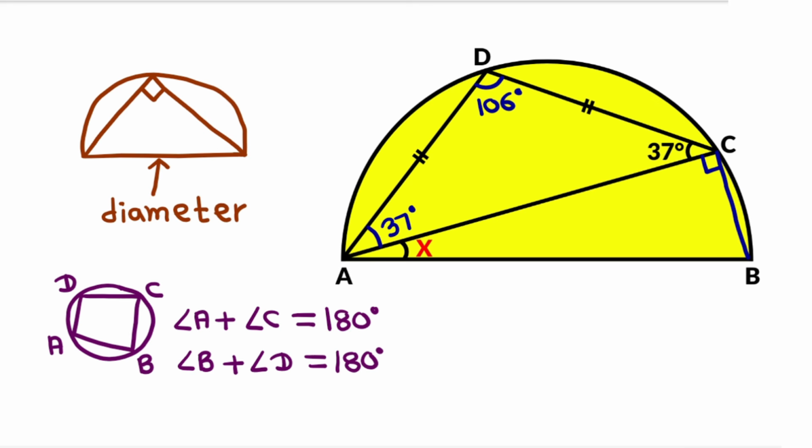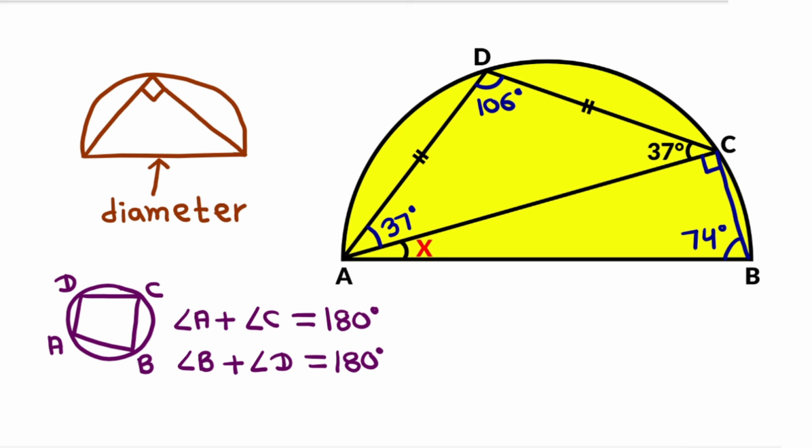We already know that angle ADC is 106 degrees, so angle ABC must be 180 minus 106, which is 74 degrees.